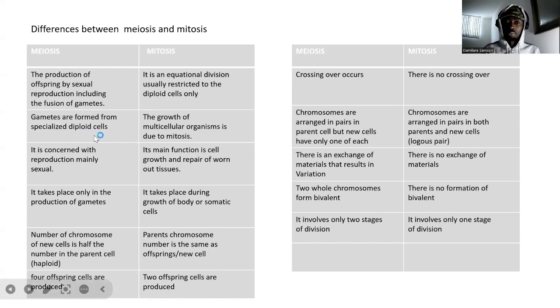So that's what I said. The diploid cells, that's the body cells, the somatic cells, are the ones that meiosis makes use of to break down the diploid cells into the gametes which are needed.